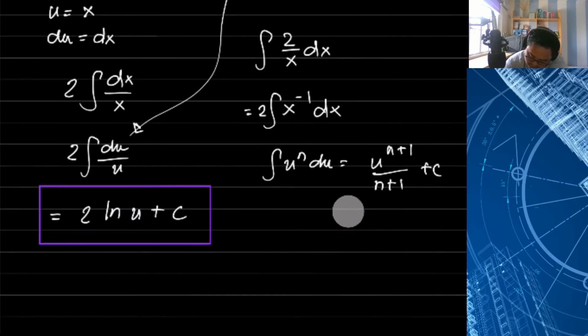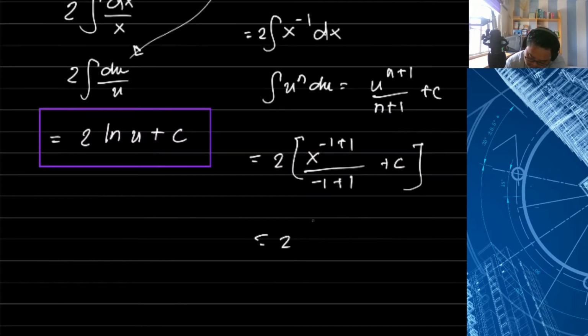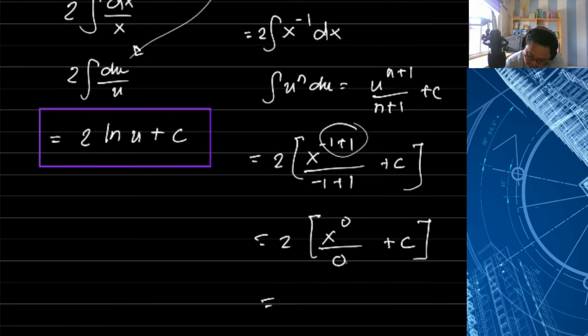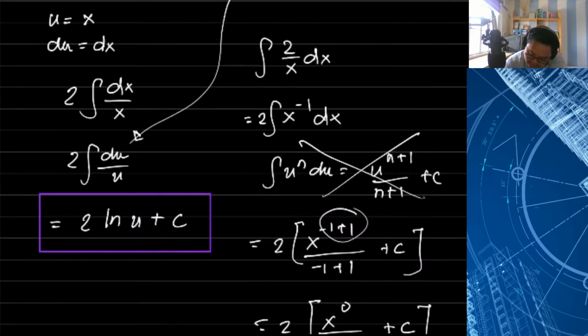So this becomes 2 times x to the negative 1 plus 1 over negative 1 plus 1, plus c. What will happen to this? This becomes 0 over 0 plus c. Our equation becomes nonsense because any number raised to 0 is 1, and 1 divided by 0 is undefined. Therefore, the power formula cannot be used.